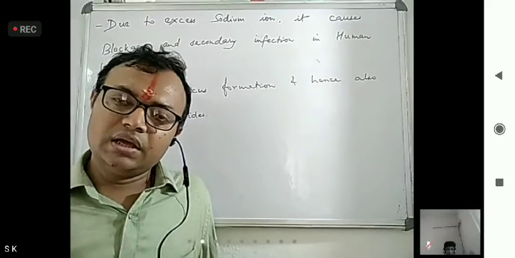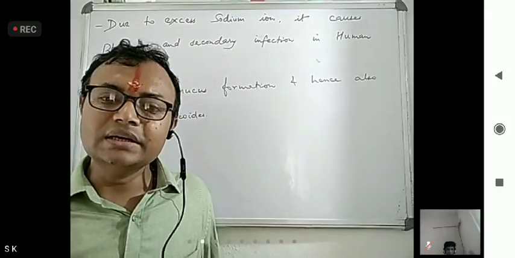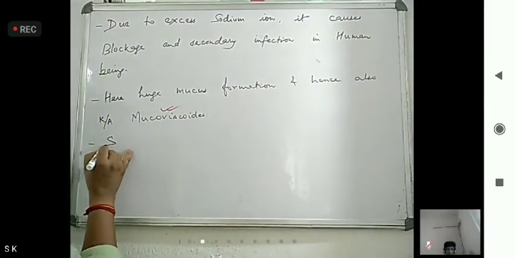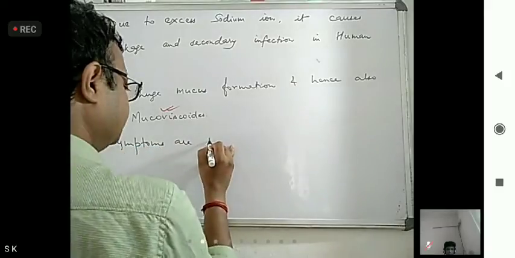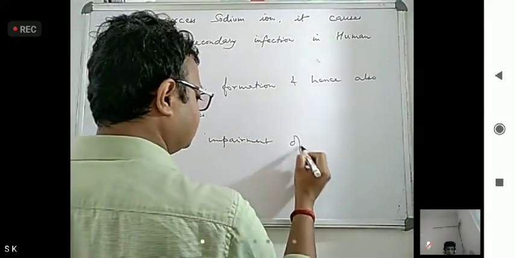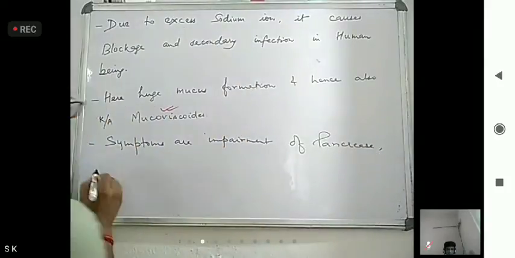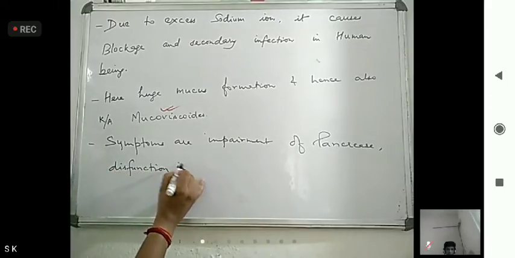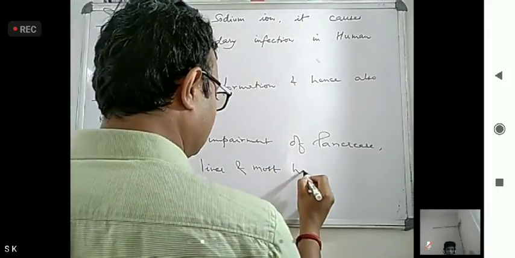Now, the symptoms are impairment of pancreatic juice and liver function. So the symptoms are impairment of the pancreas, dysfunction in the liver, and mostly heart failure.